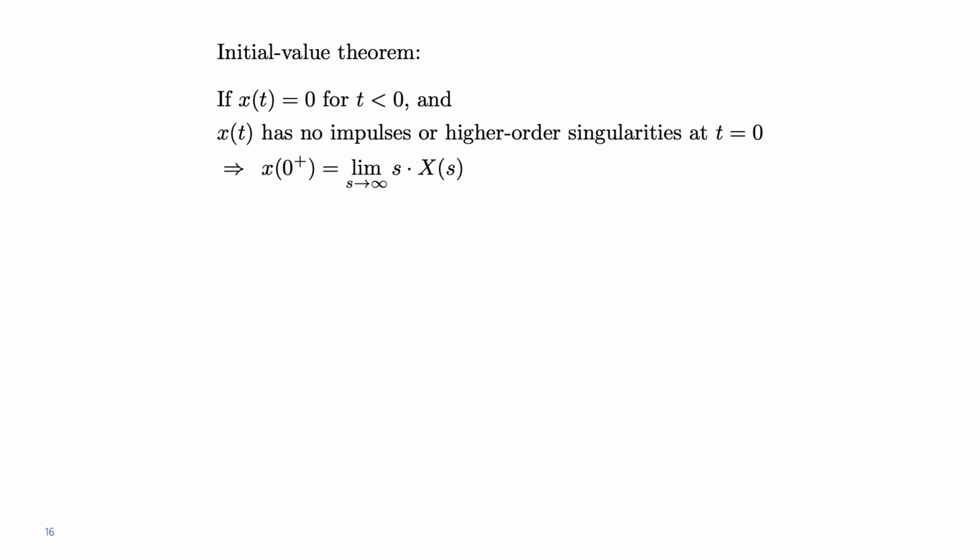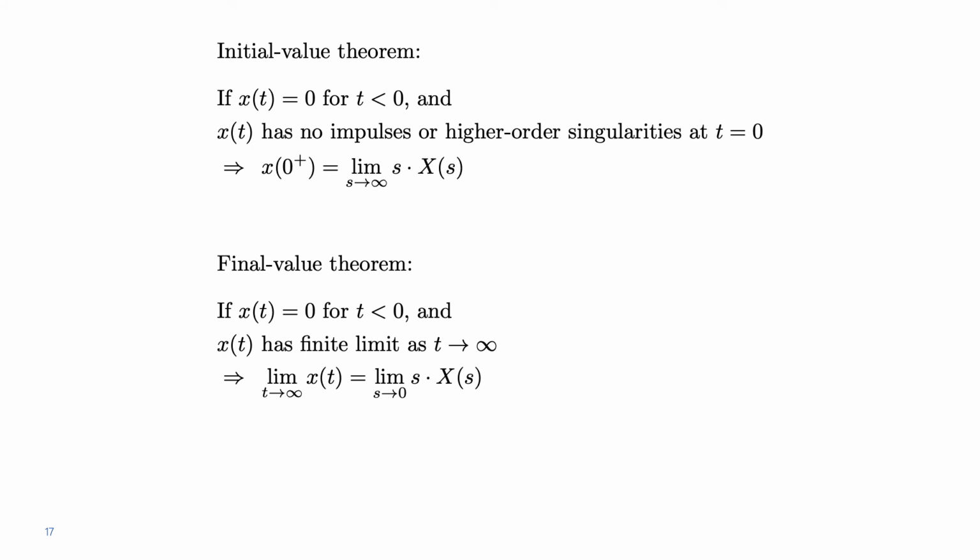And how? It is given by the limit for s that goes to infinity of s times X of s. So this is why it's called the initial value theorem, because we can calculate the initial value of x just by looking at its Laplace transform, multiplying it by s and taking that limit.